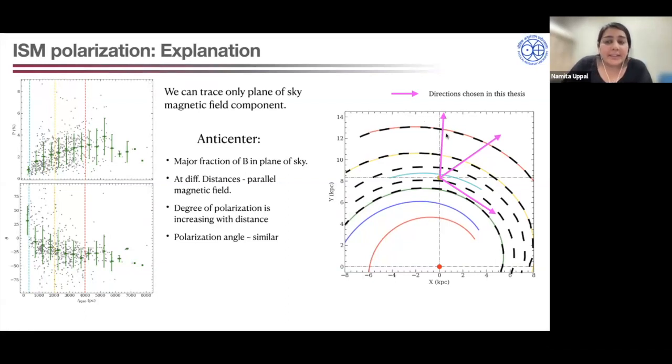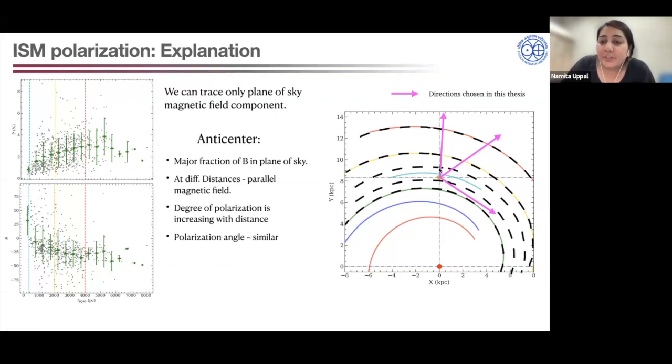In the anti-center direction, the majority of the magnetic field will be in the plane of sky, and there will be very little component along the line of sight, which we cannot measure using polarization. So we are actually seeing the actual magnetic field direction using the polarization.